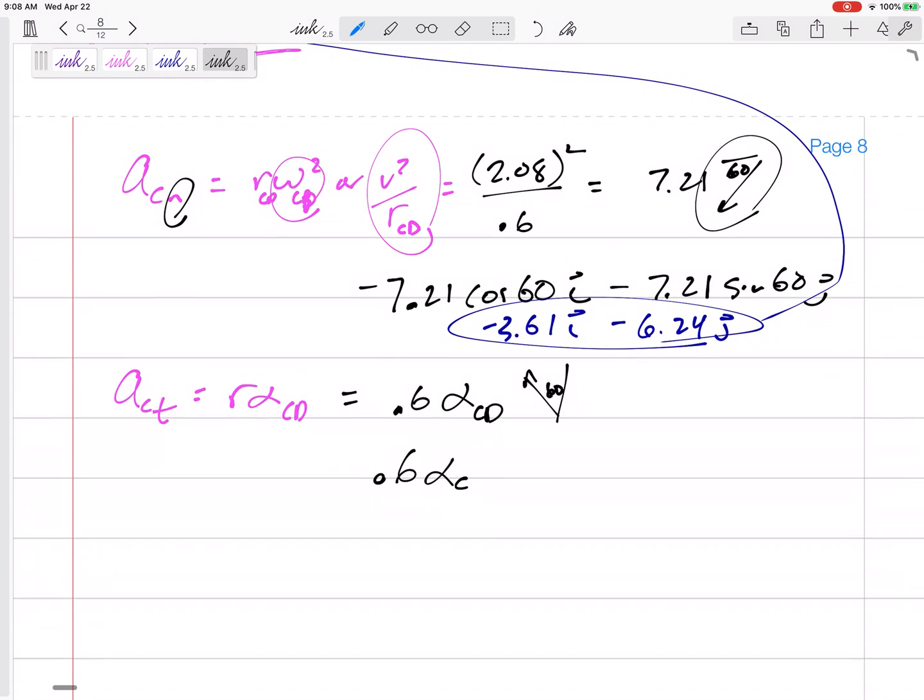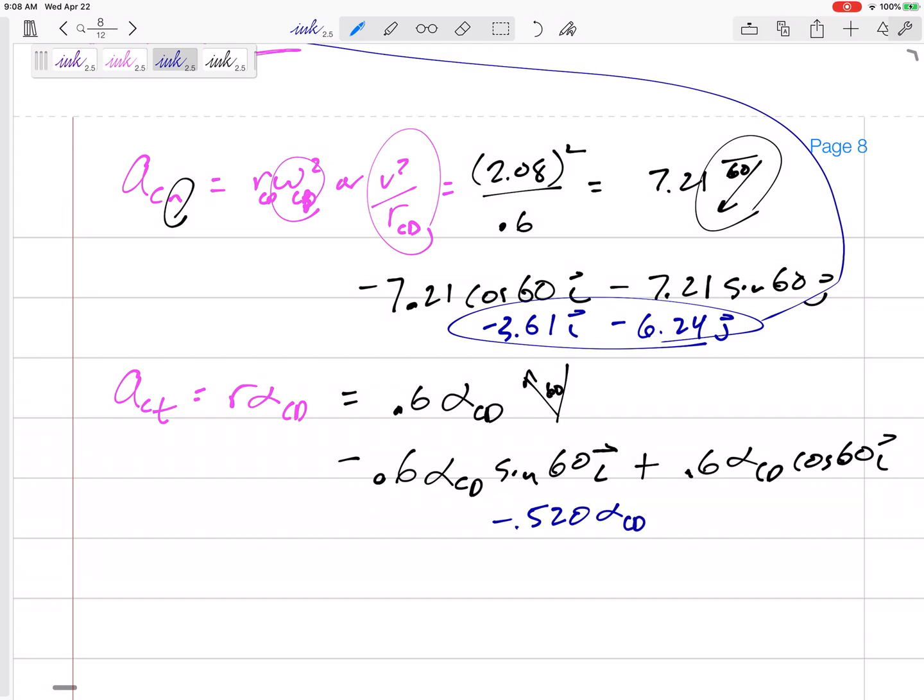All right, 0.6 alpha CD sine 60 in the negative I, and up 0.6 cosine 60 in the J. And if you like to do what I like to do, give me some decimal places, maybe this rounds to 0.520 alpha CD in the I, and positive 0.3 alpha CD.